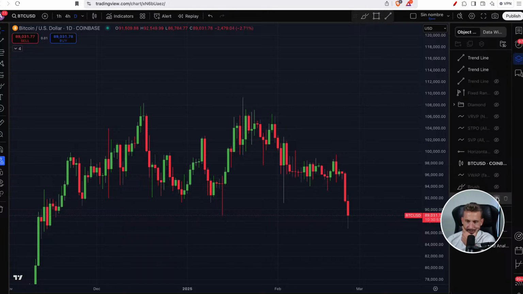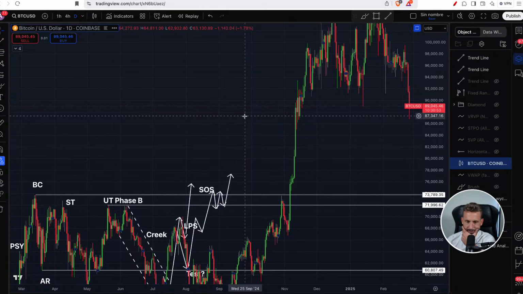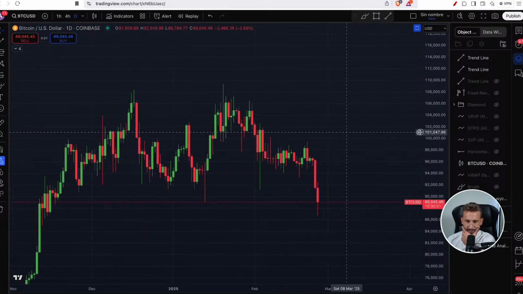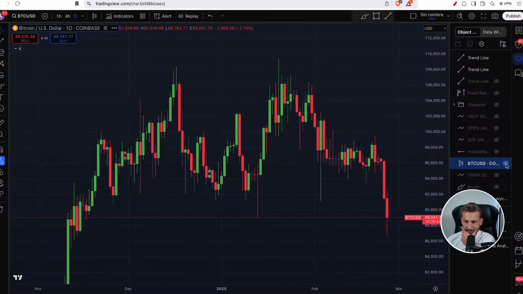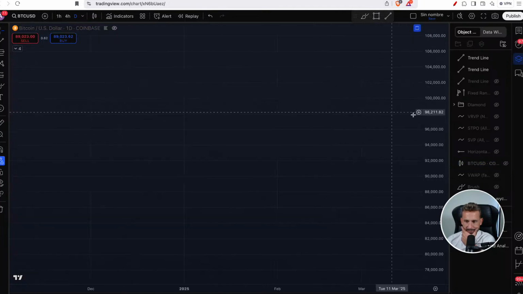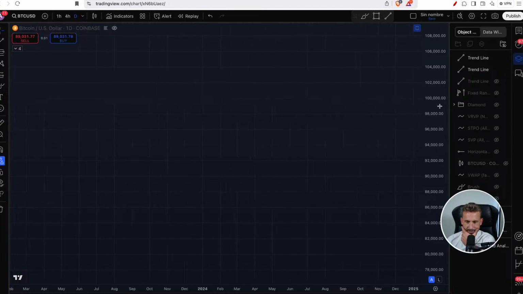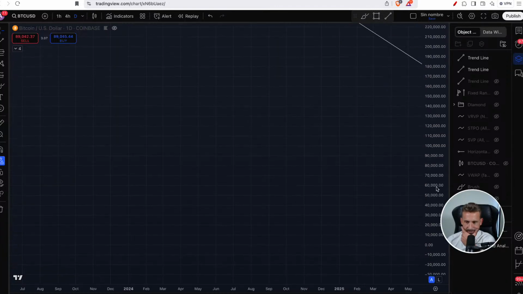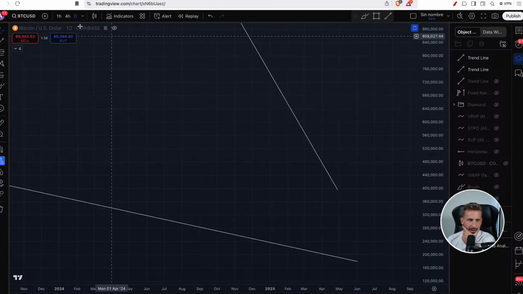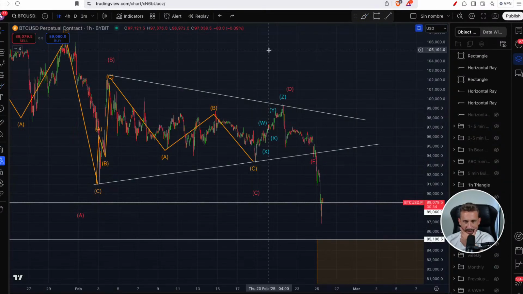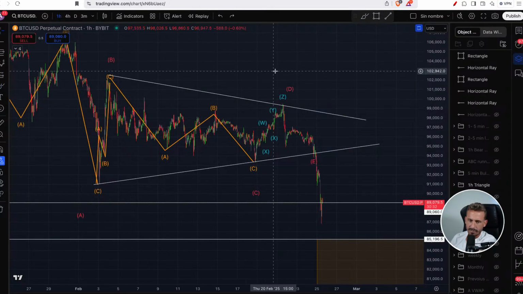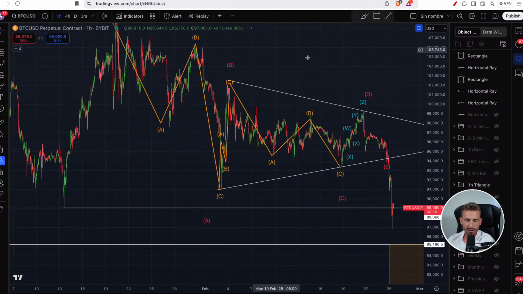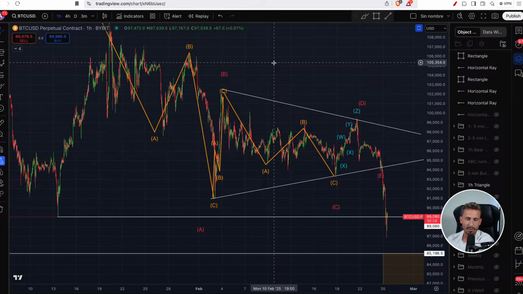I don't know what I did with it. What happened here? On Coinbase. Never mind, it's lost. I don't know where it is. Anyway, never mind. You get the point about the Wyckoff accumulation and distribution. Volume is very important.